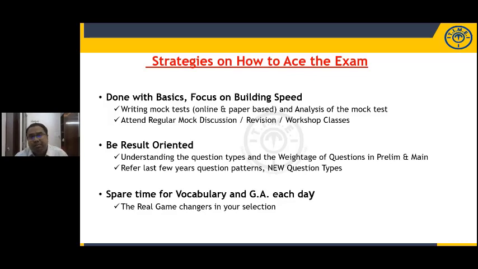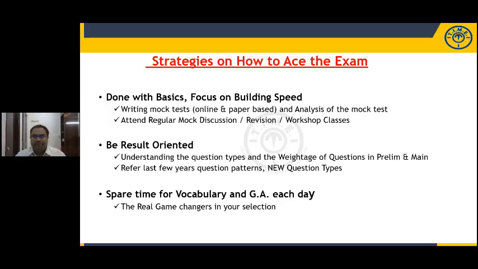But particularly when you look at the English vocabulary section and GA, those who do well in GA will be there in the merit list. Out of 40 questions, there are students, I can show you, who get 40 out of 40, because they read completely every day. They practice current affairs. If you got only 15 out of 40, you will not be there in the merit list. So general awareness and vocabulary are real game changers.